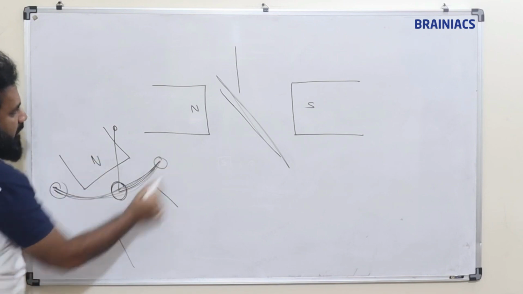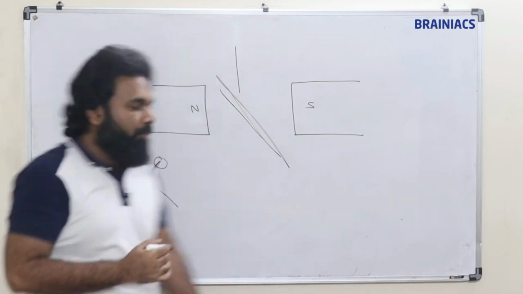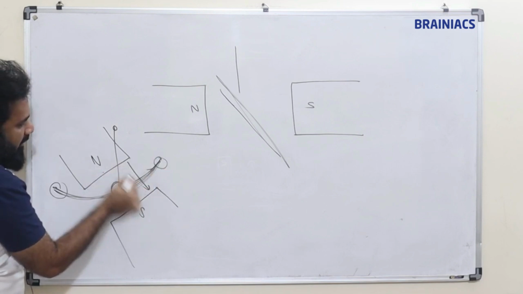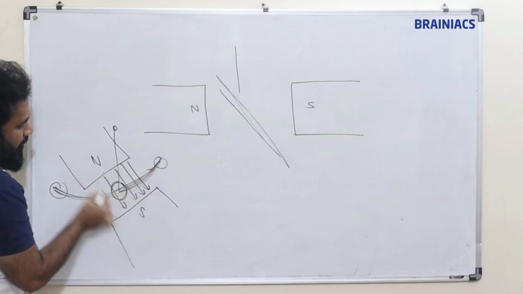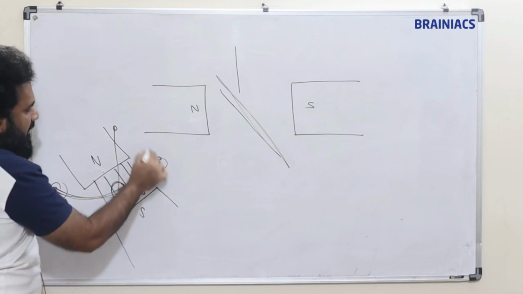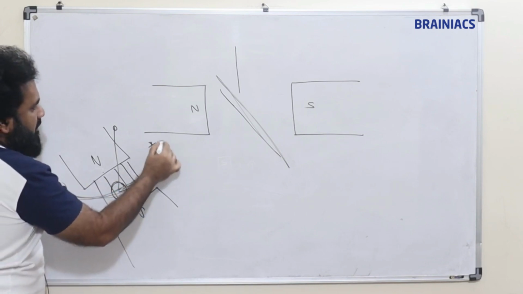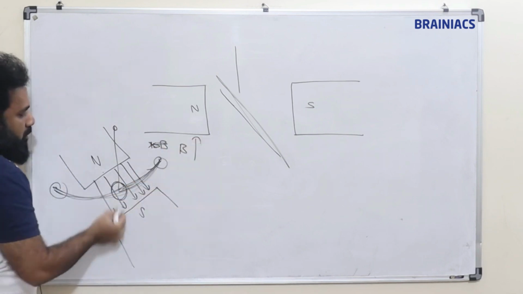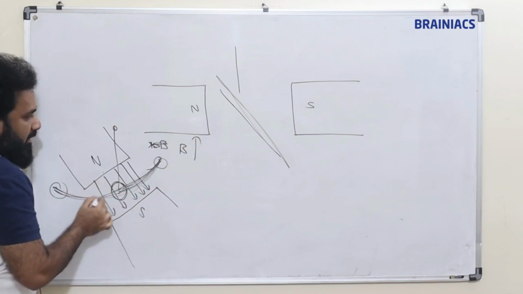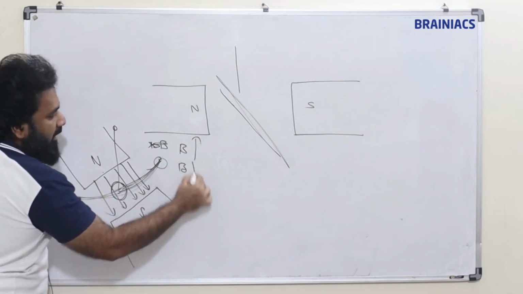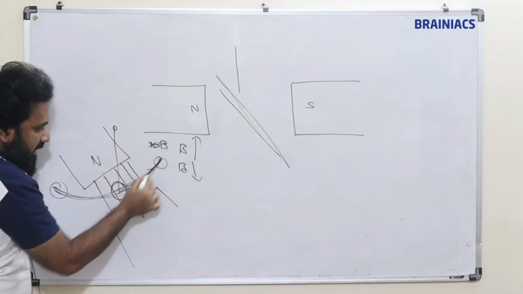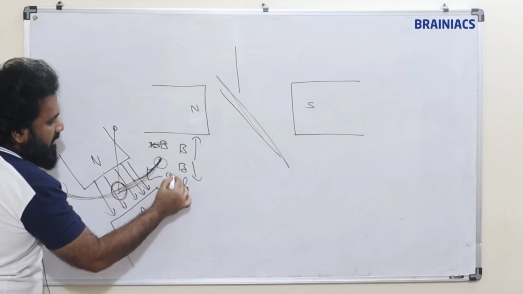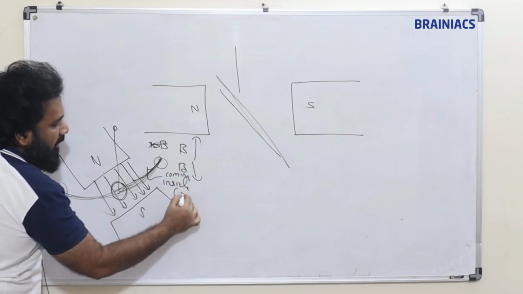That is what I have tried to show here. So what will happen? When it is coming in, the magnetic field will be increasing, so there will be an induced current inside it that will try to decrease the magnetic field. So when it is coming inside, there will be repulsion.